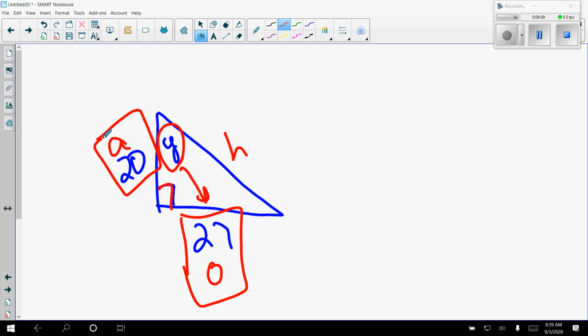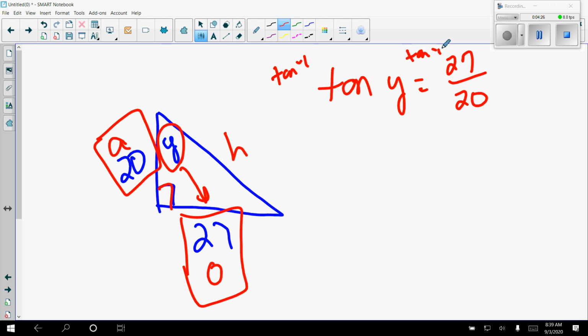O and A are tangent, so I'm going to say the tangent of my angle, which is y, equals opposite, 27, over adjacent, which is 20. To get rid of the tangent, I need to do tan inverse on both sides.